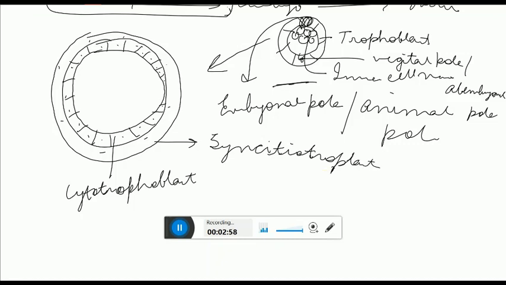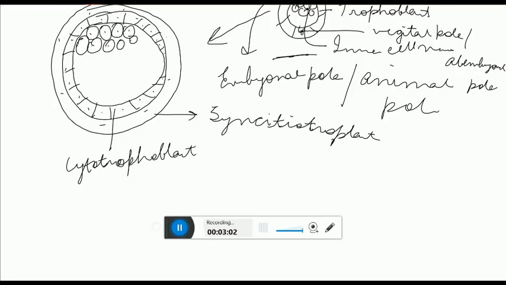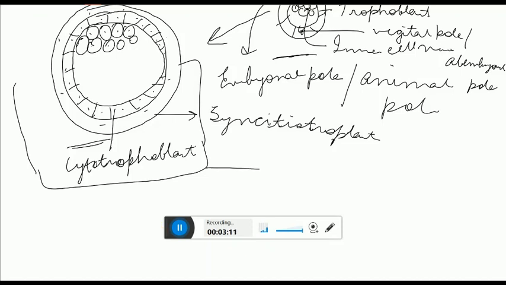This syncytotrophoblast will form chorionic villi. So this blastocyst will get implanted. Implanted means this blastocyst will enter into the endometrial lining of uterus. It will enter into endometrial lining of uterus from this pole, this embryonal pole.